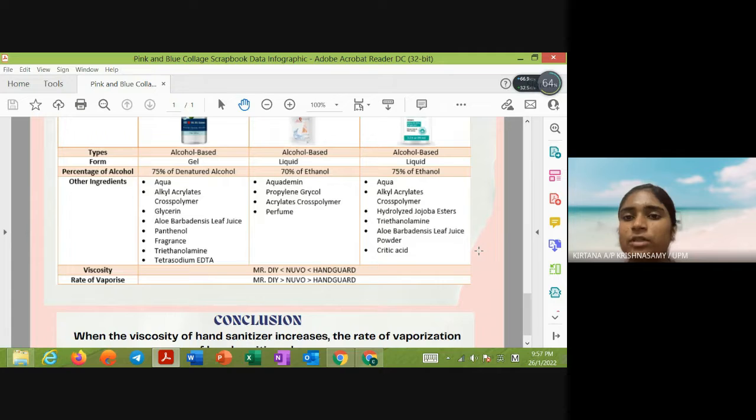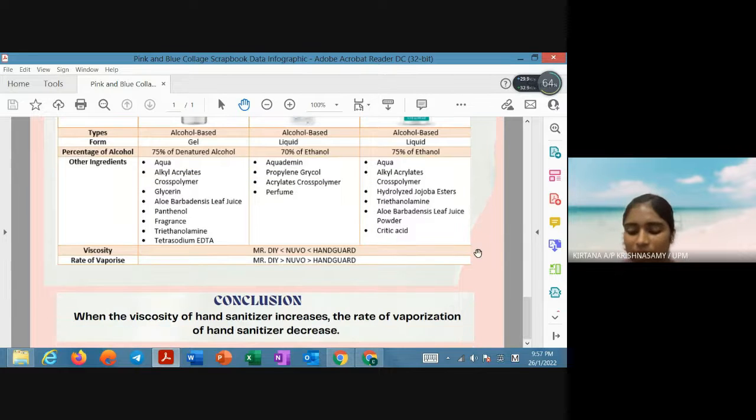After we conducted the experiment, we observed that the viscosity of Mr. DIY is less than Nuvo, and the viscosity of Nuvo is less than Handguard. For the rate of vaporization from experiment 2, we observed that the rate of vaporization of Mr. DIY is greater than Nuvo, and Nuvo's is greater than Handguard's.